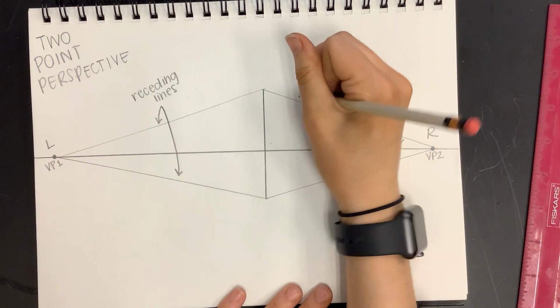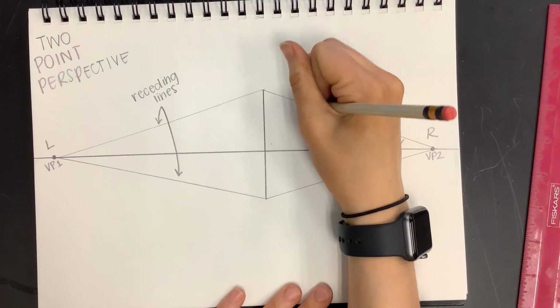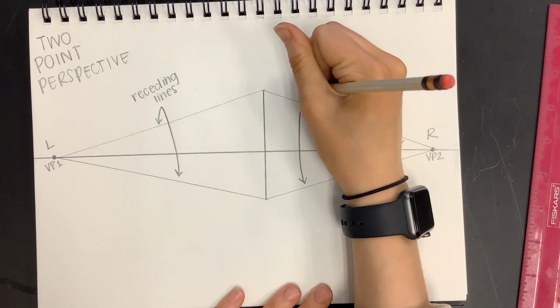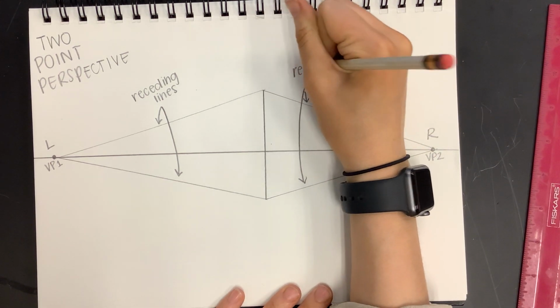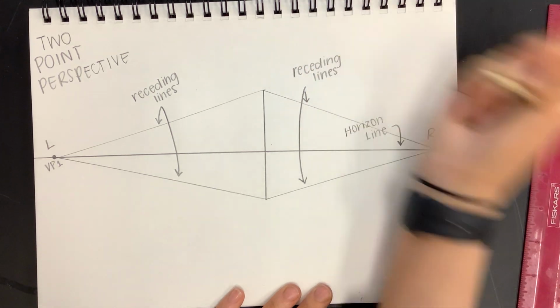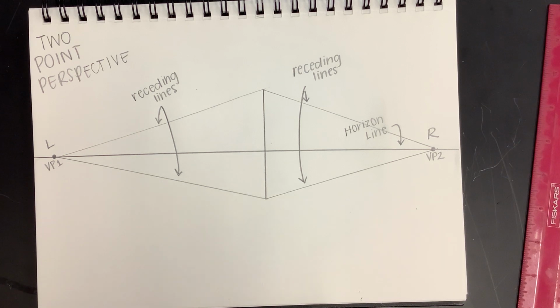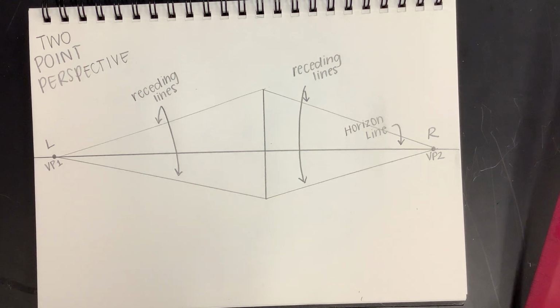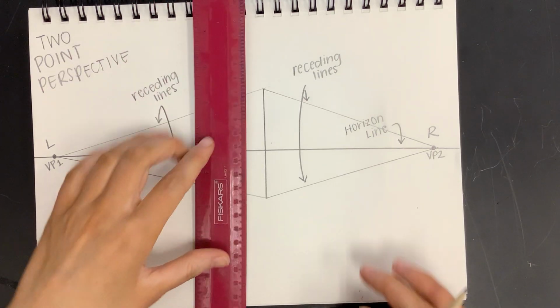And it's the same on this side if you want to label both sides. Receding. R-E-C-E-D-I-N-G.